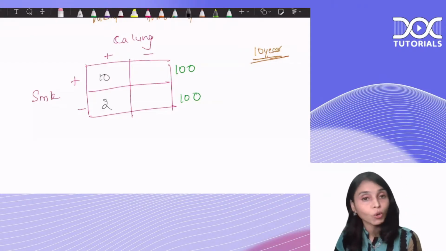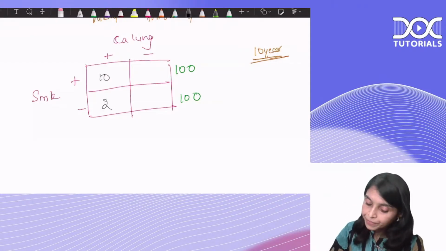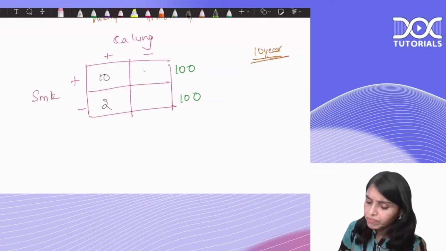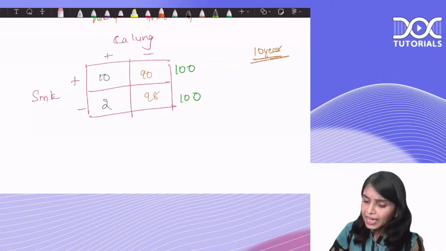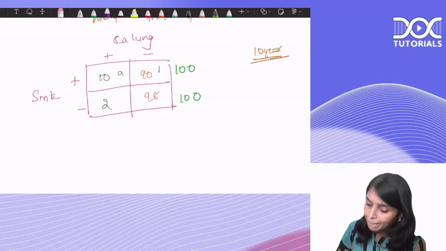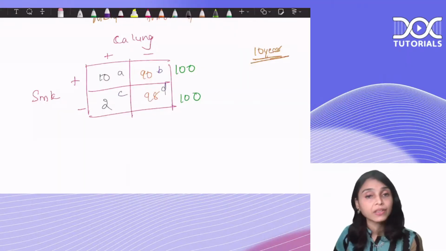So what can I write here? Here I can write 90, here I can write 98. Hope you're with me. Okay, let it be any number. It will be A, B, C, D, right?